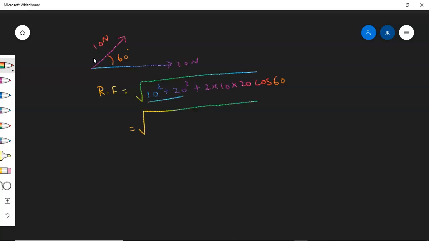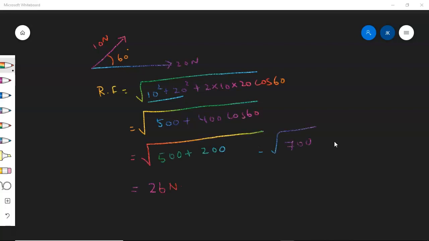So always these two values are 500. You just need to multiply this 400 with cos 60, right? So 400 times cos 60 is 200, add 700, take square root, 26 Newton.